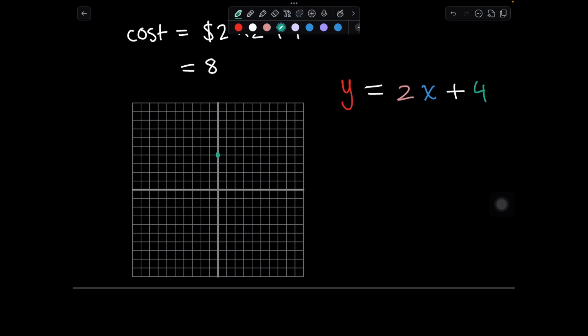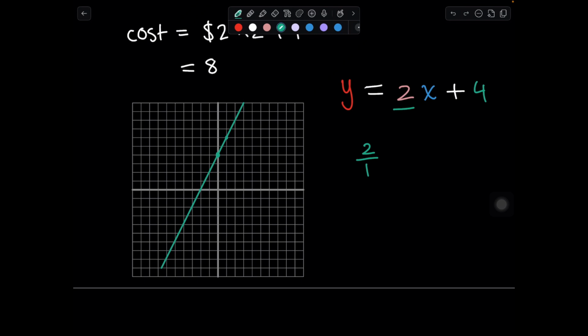Okay. Then we look at our gradient. That is 2 over 1. So rise over run means that it goes up by 2 and across by 1. So our next point is there. We only need 2 points, that's it. Then you just use your ruler and draw a straight line through those points, and that's your whole graph completed. Okay, that's how you draw the graph from the equation.